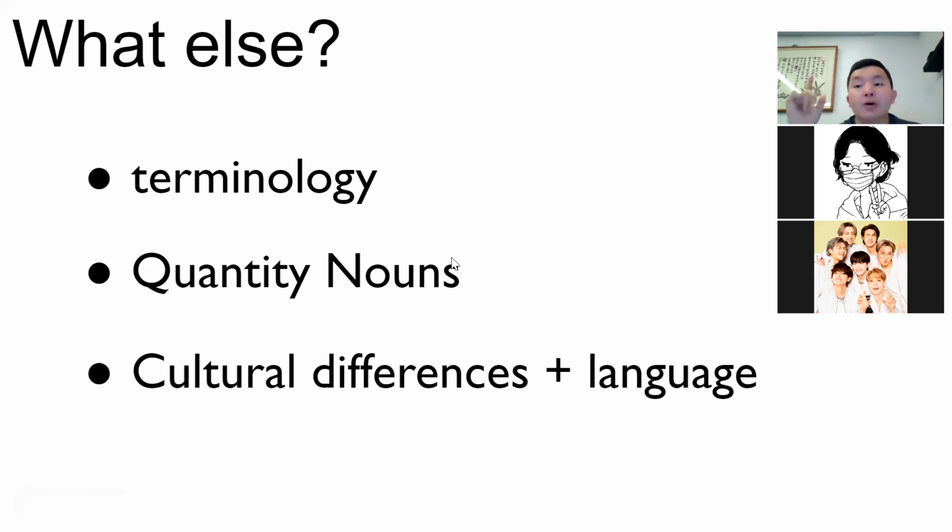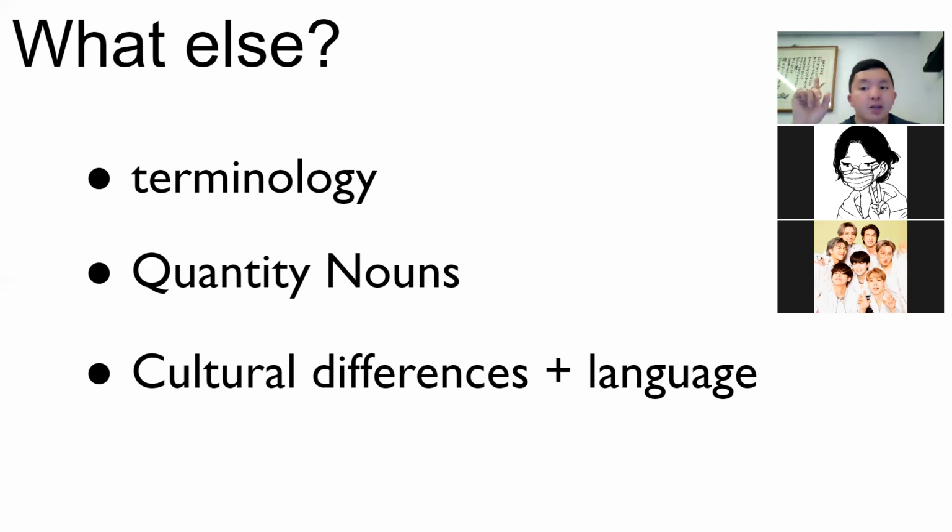So when you're counting something, you have to use a specific noun. For example, for reading an hour, you have to use a specific quantity noun. And for reading a minute, you also have to use a specific quantity noun. And for the second, you have to use a specific quantity noun.